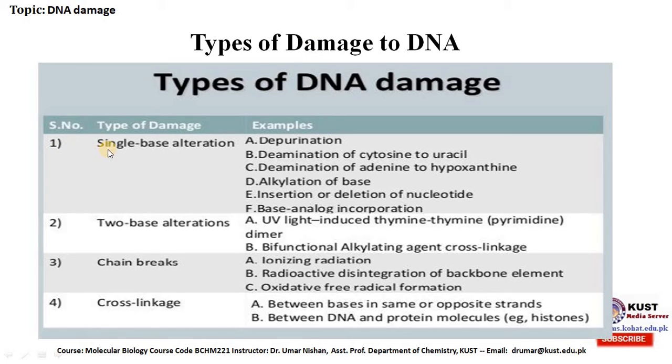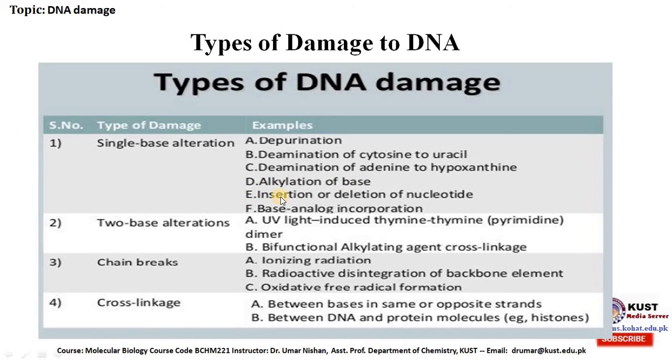Now there are different types of damages to DNA that can happen. One of those types is single base alteration. There are various examples of single base alteration. One of those examples is depurination. Another example is deamination of cytosine to uracil. Another example is deamination of adenine to hypoxanthine. Another example is alkylation of base.